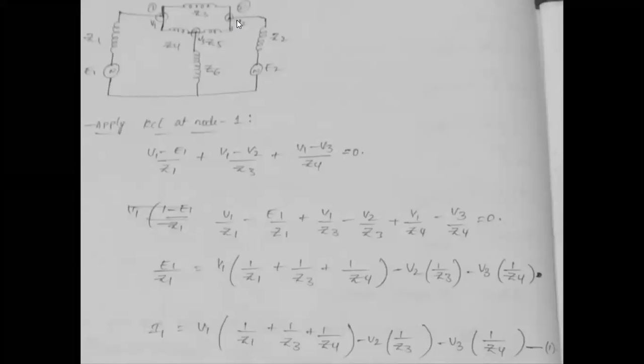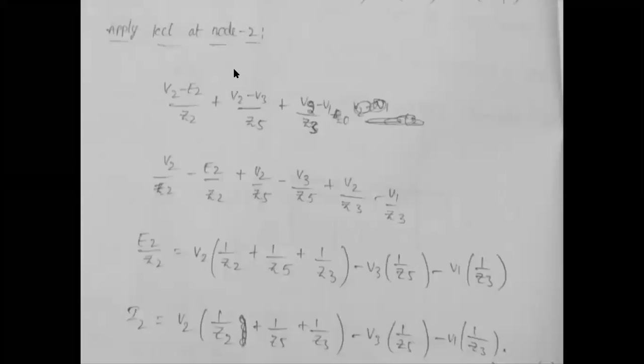This is the KCL at node 2, and then we simplify this equation and obtain equation 2.